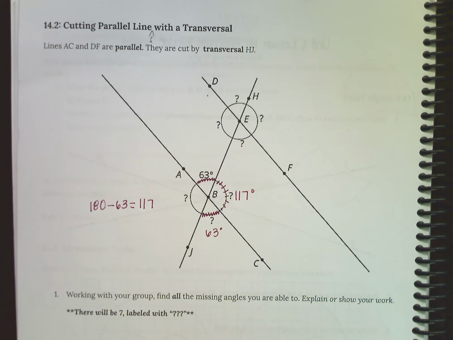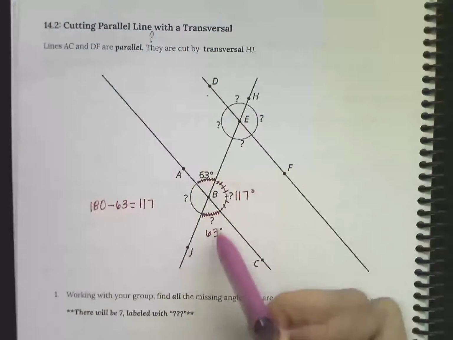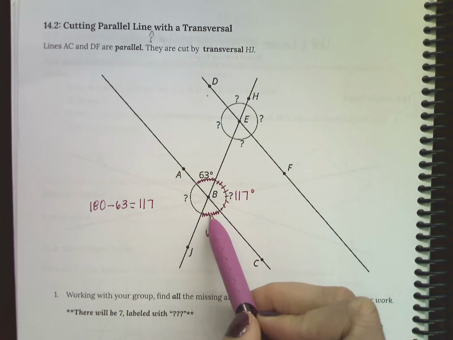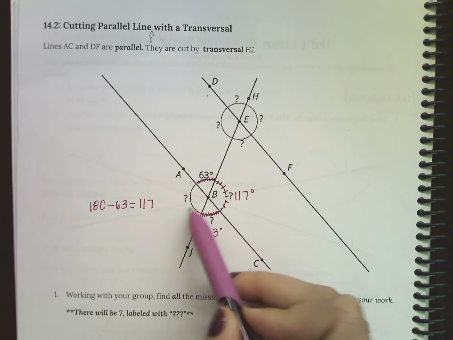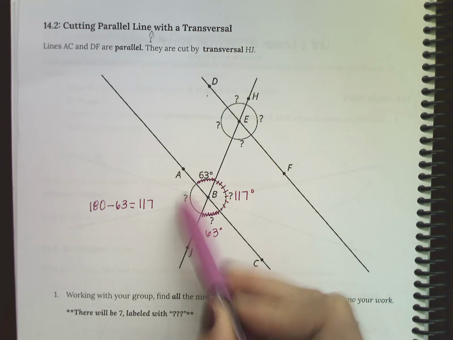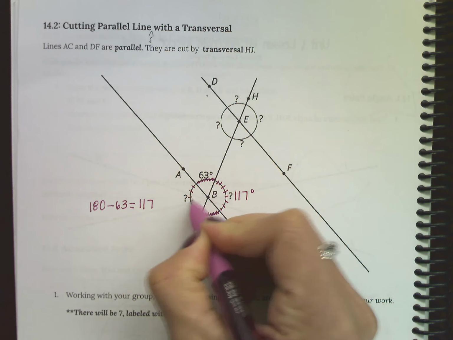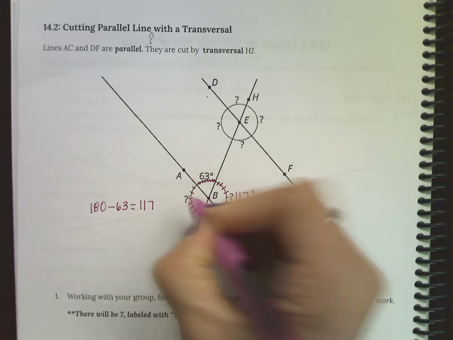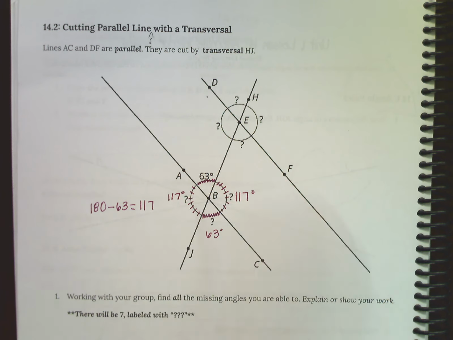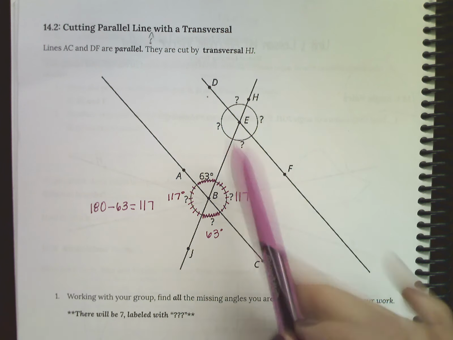It's a term that you will have to know for the rest of this unit and then also into next. They have the same measurement, which means these are also vertical angles, so this question mark is going to be the same as the one across from it, which was 117 degrees. Just like that.